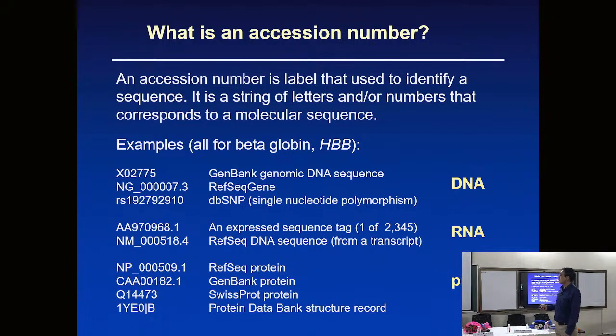Accession numbers are often alphanumeric, meaning they have combinations of letters and numbers. For DNA, let's focus on the RefSeq sequences.